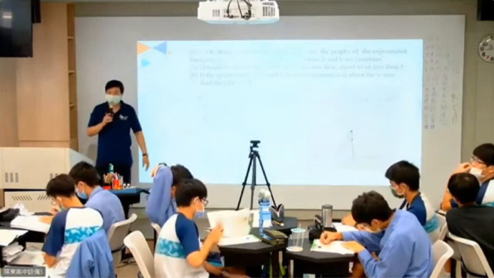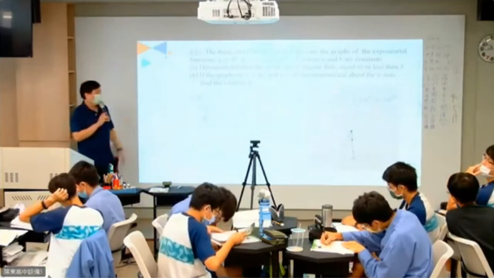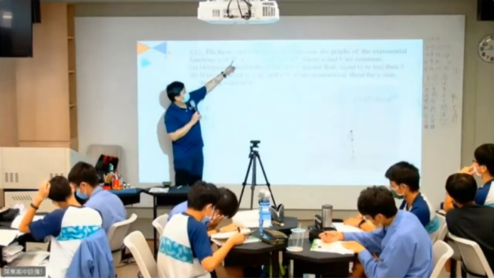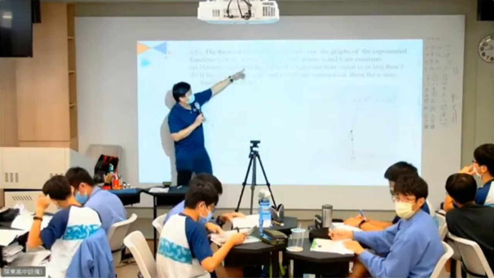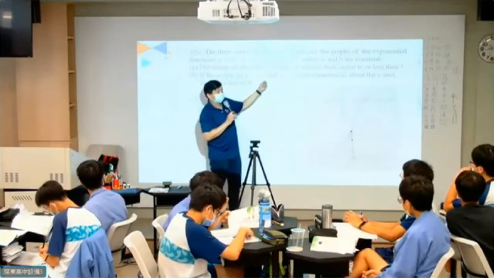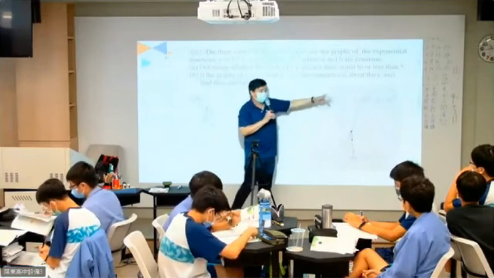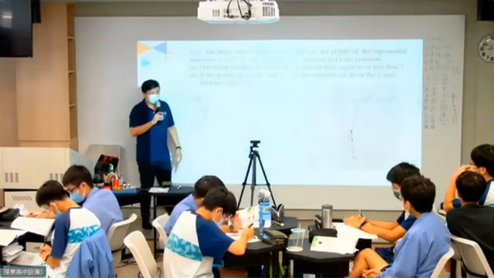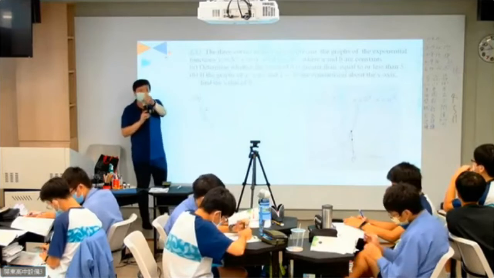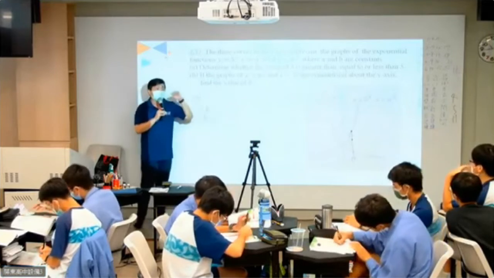So y is equal to 5 to the power of x and y is equal to b to the power of x are symmetrical about the y-axis. So b times 5 is equal to 1. That means b is equal to 1 over 5, right?